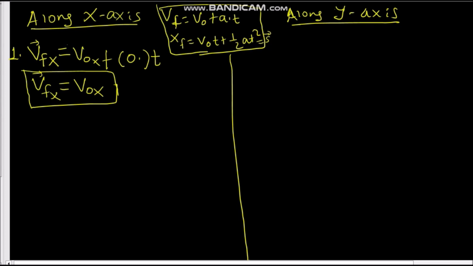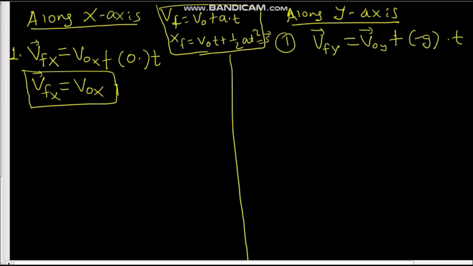Alright, what about along the y-axis? Along the y-axis, we have to find the final velocity across y. Using the kinematics equation, it is equal to v initial across y plus the acceleration due to gravity, negative g, times t.